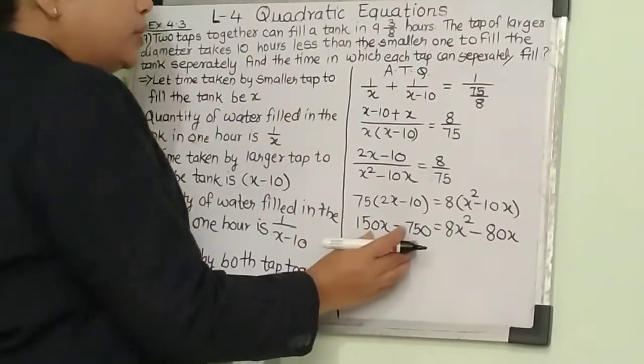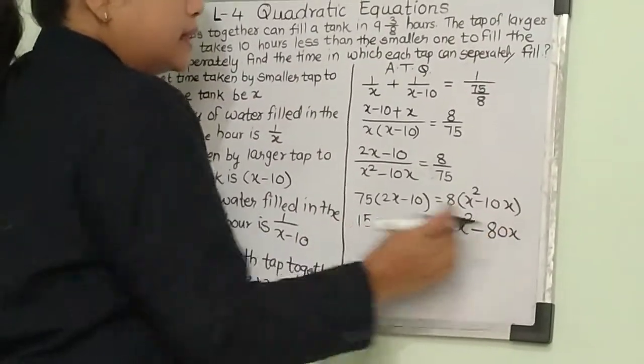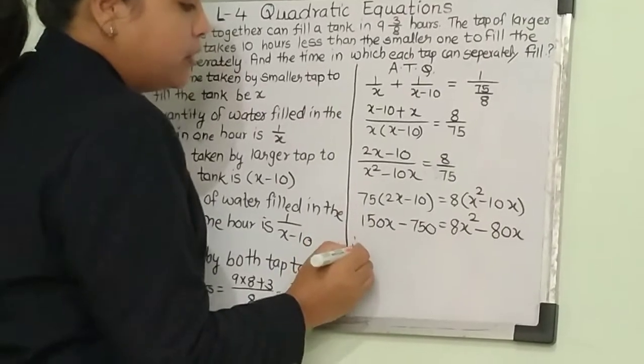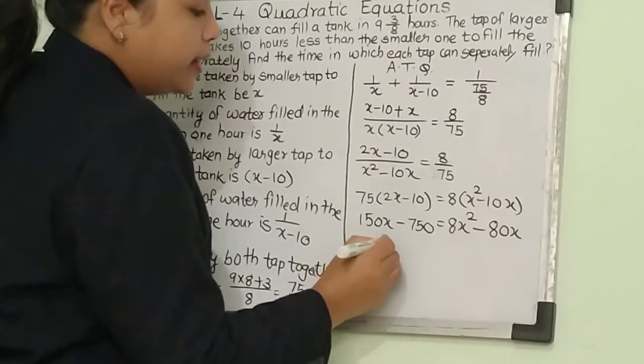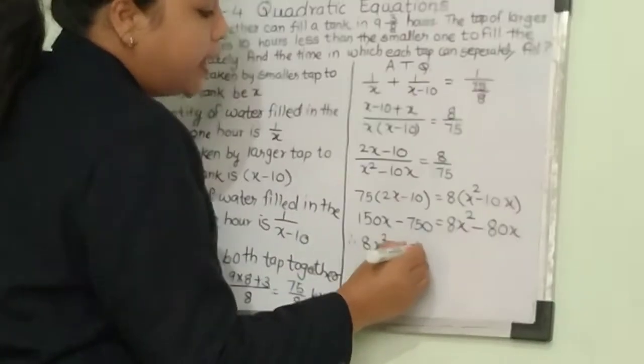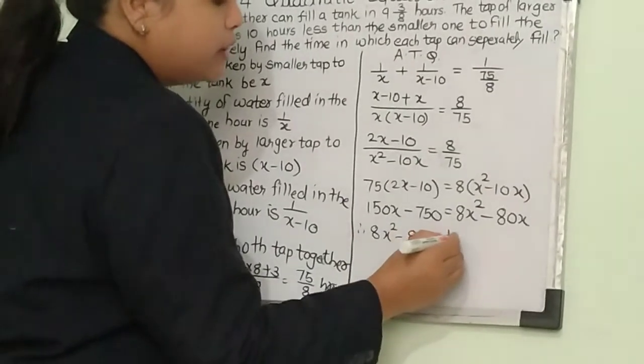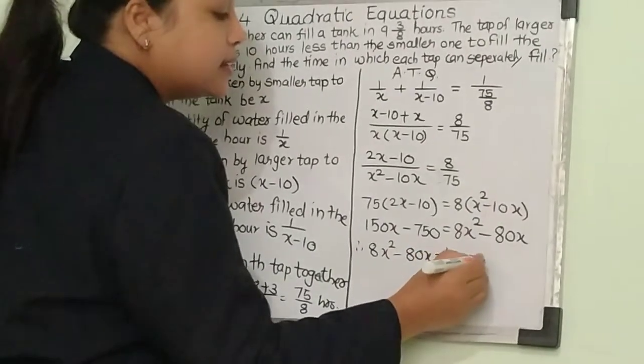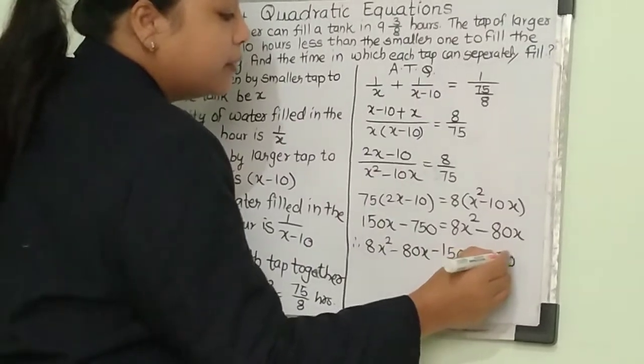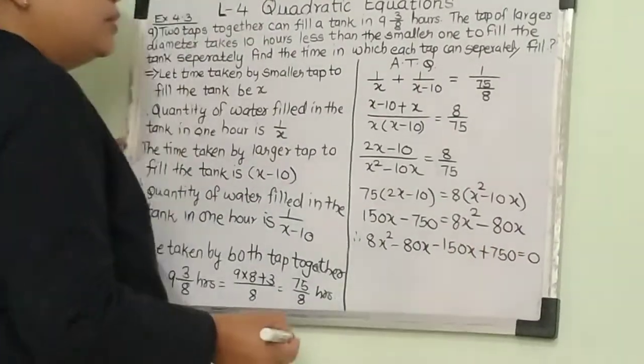Now we are going to shift both these terms to this side. So your equation will form 8x square minus 80x minus 150x plus 750 equals 0.